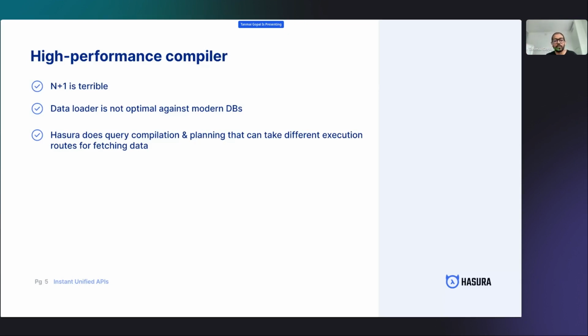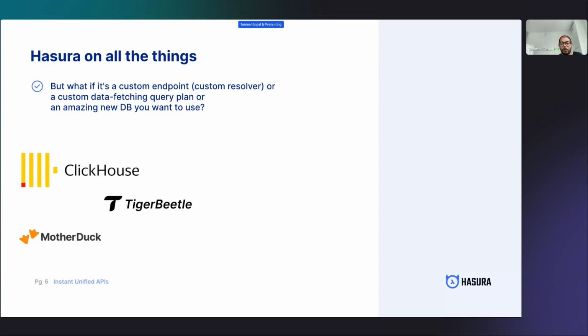And Hasura does a style of query compilation and planning that can take different routes for fetching data. That is something that we want to leverage. So we want that genericness of saying the whole world is a database, and we want to build high performance data fetching logic to get data from wherever it is in the world. And Hasura does this for the databases that we support.